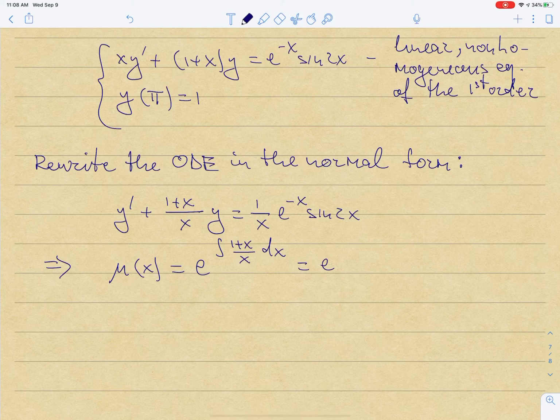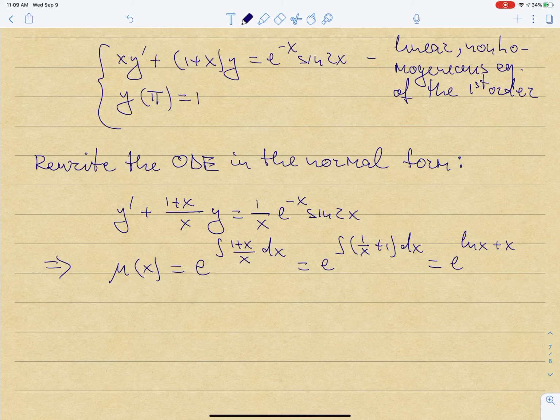This is e to the power integral of 1 over x, if I divide by x, plus 1 dx. If I integrate 1 over x, that is natural log of x. If I integrate 1, that would be x. And because I need only one integrating factor, I don't add c when I'm doing this integration to find the integrating factor.